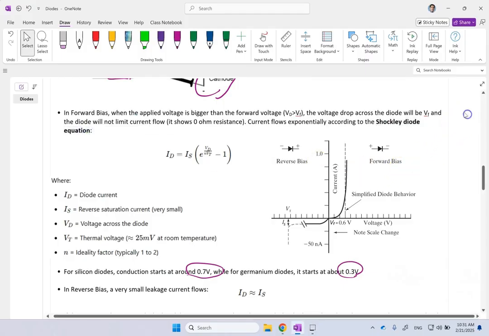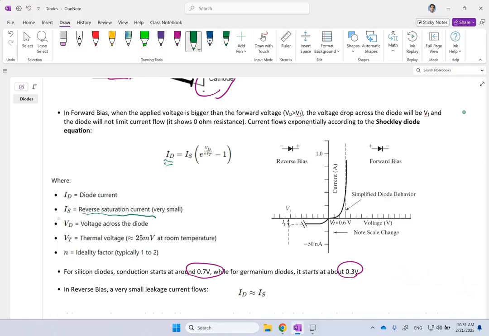It says that the current through the diode is equal to some very small current. We call it the reverse saturation current, IS, which you can read from a typical diode data sheet. And then times some exponential term minus 1. This exponential term has the voltage VD that you applied to the diode from the battery, and VD is divided by N VT.